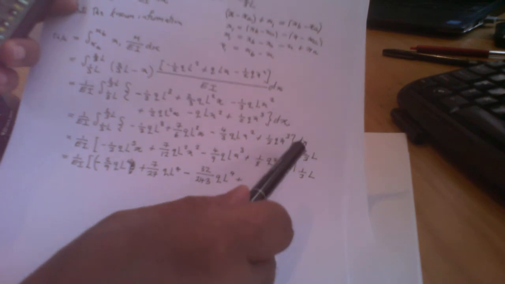So that would be minus 4 over 9 times 2 over 3 times 2 over 3 times 2 over 3, and that would be minus 32 over 243 QL to the 4th power, and then I would have to add the last term, 1/8 QX to the 4th power.